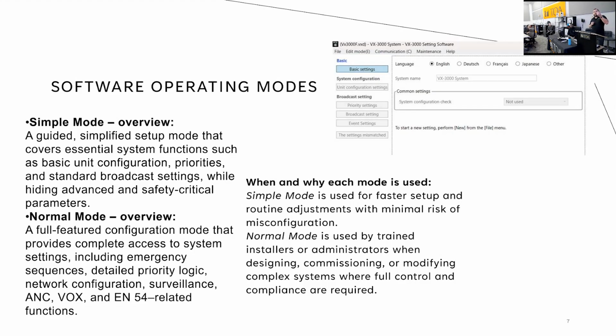And again, I briefly described why we have both. Simple mode is for faster, simple setup, and normal mode is for trained individuals who do complicated systems. Even for a simple system, we encourage using the normal mode because there's more flexibility in this mode than in the simple mode.